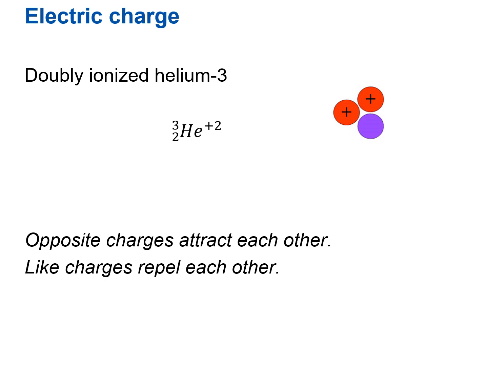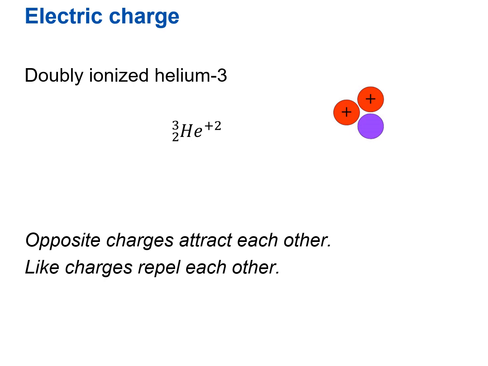So there's the symbol for it where, remember, helium has an atomic number of 2 down there to the left. It has an atomic mass of 3, so up to the left. And since it's been doubly ionized, it's had those 2 electrons stripped away from it, then it has a charge of +2. And you can look over the picture and you count. There's +1, there's another +1, that's +2. Of course, the neutron is 0, so it has a charge of +2.